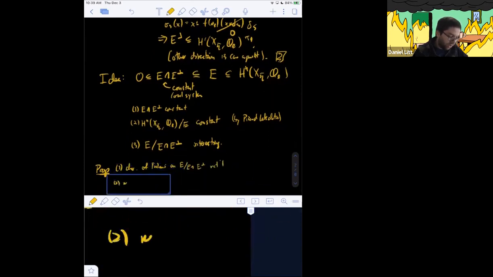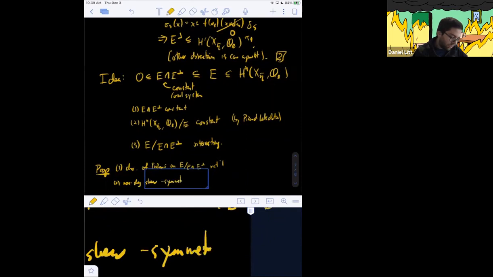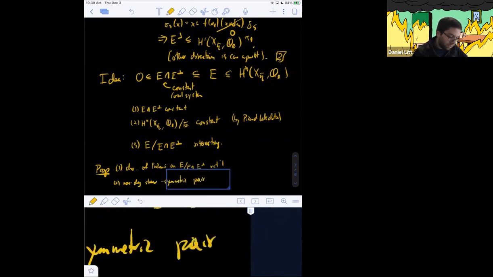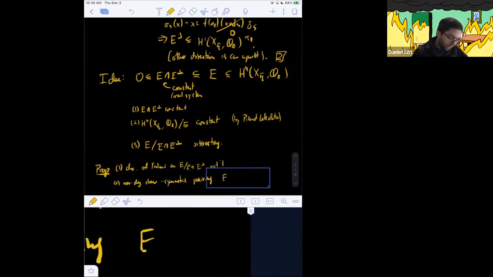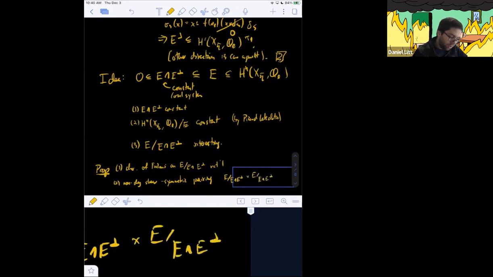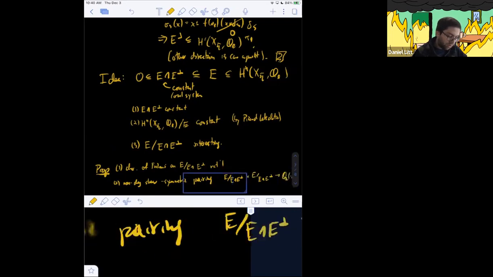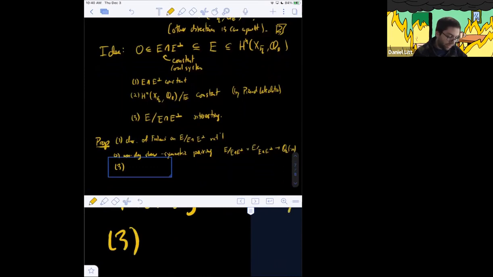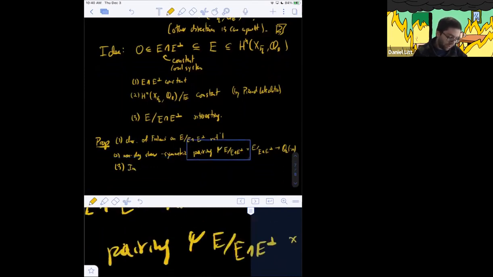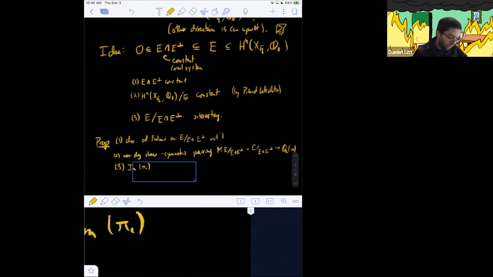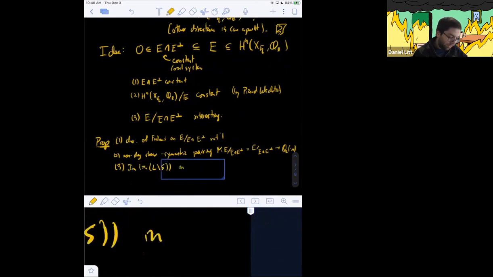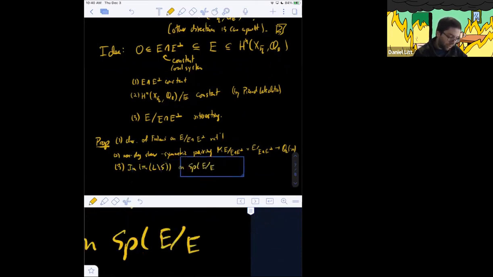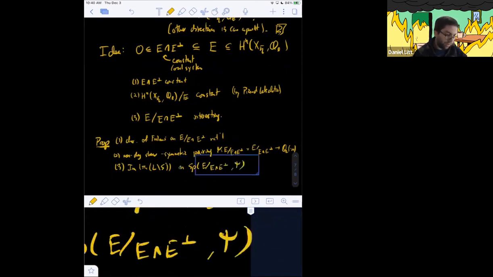Two is that there's a non-degenerate symmetric pairing, E mod E intersect E perp cross E mod E intersect E perp to QL of minus n. That part will be easy. And three is that the image of pi1 of L minus S, in SP of E mod E intersect E perp, for this pairing C, is open.